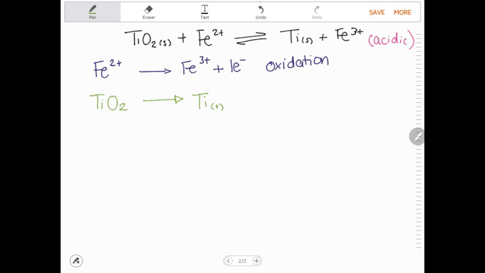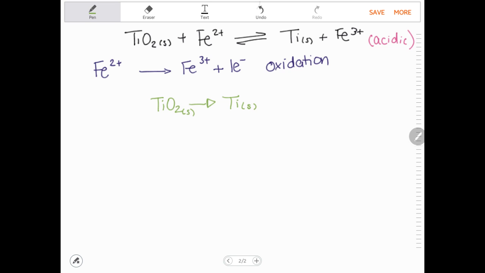I'm actually just going to give myself a little bit more room, and I'm going to move this over here. So again, my first step is to balance my other atoms other than oxygen and hydrogen. Well, I have one of each on either side, so I now can move on to balancing my oxygens.